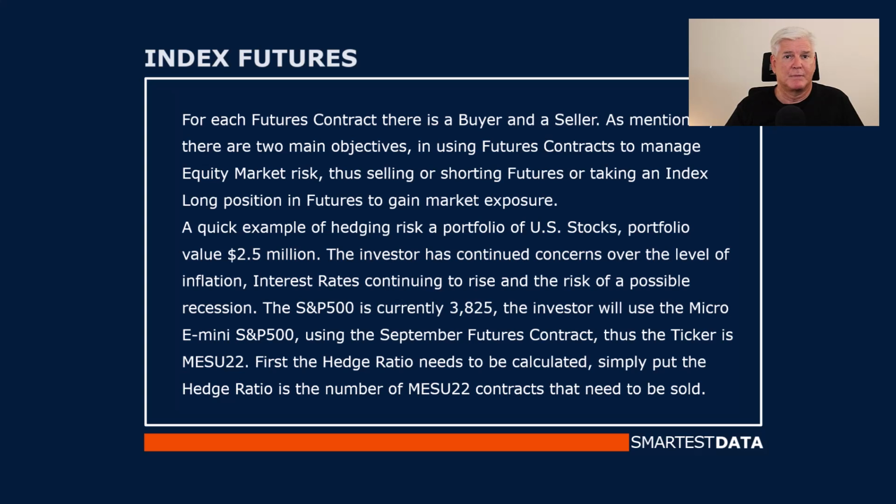3,825 index points. The investor will use the micro E-mini S&P 500 using the September futures contract, thus the ticker is MESU22. First, the hedge ratio needs to be calculated. Simply put, the hedge ratio is the number of MESU22 contracts that need to be sold.